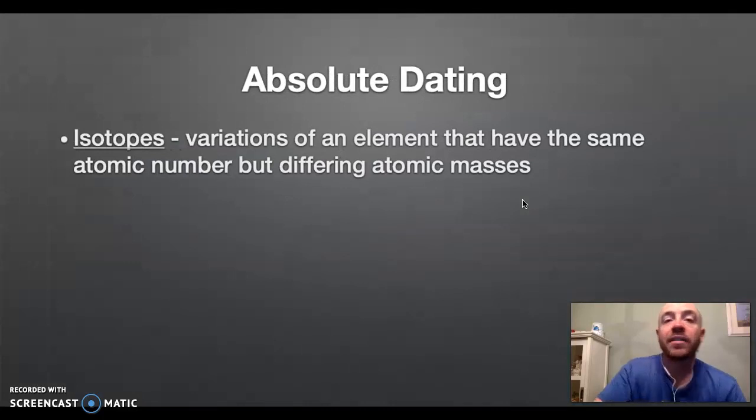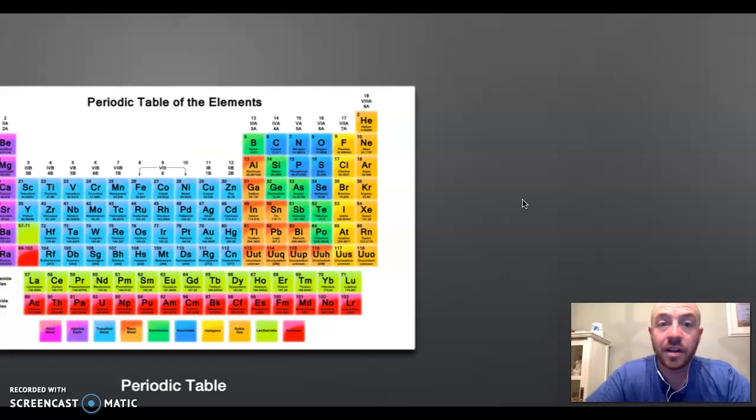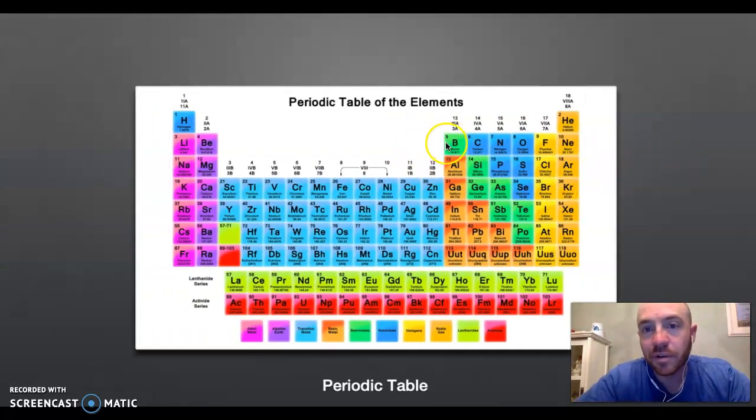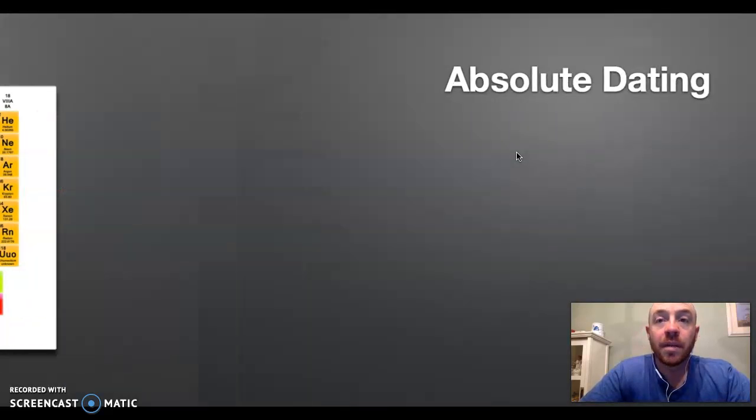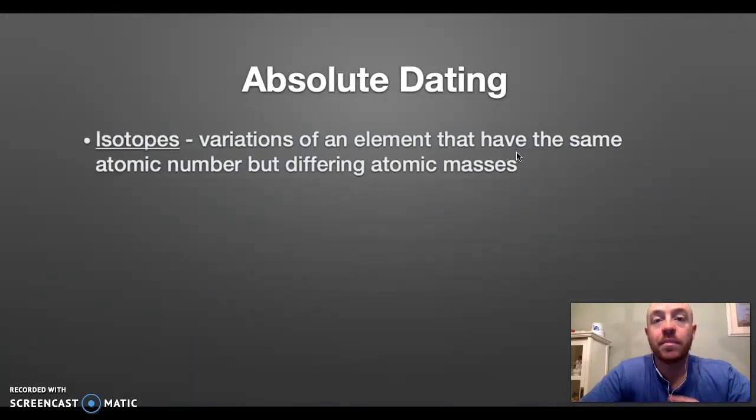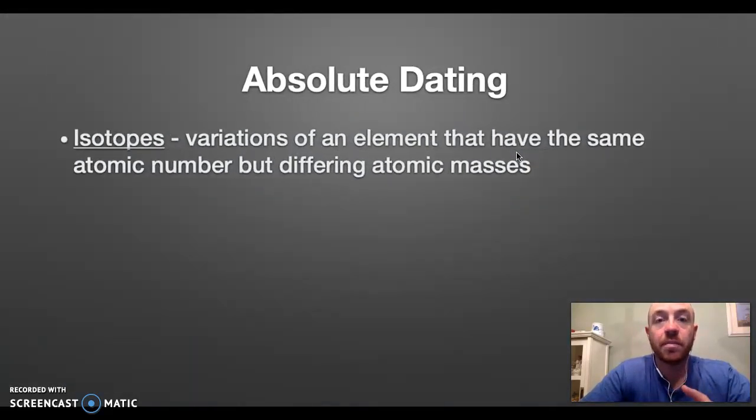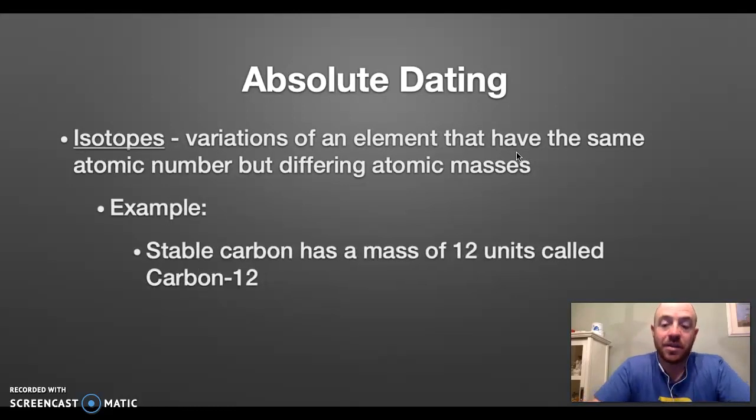So isotopes, again, I'm just going to go back to this word here. They have the same atomic number. You look here, the atomic number is 5 for boron, 6 for carbon, 7 for nitrogen, 8 for oxygen. Isotopes are going to have the same atomic number, but their mass is going to be different. For example, stable carbon has 12 mass units.